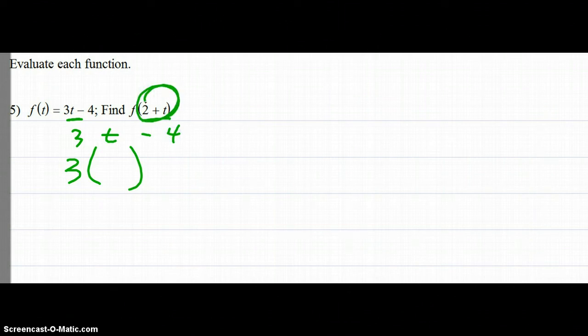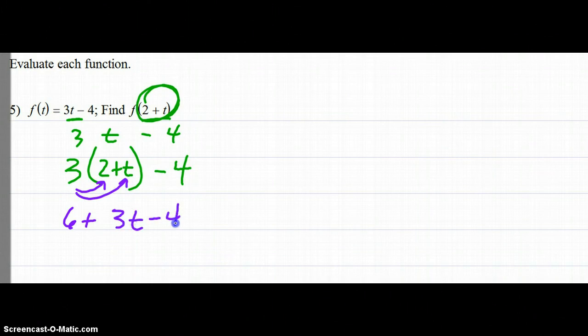Well, wherever we see a t, we stick in whatever's inside of parentheses. And then we would just do that. If it's a number, we can punch it on our calculator. If it's a variable, then we'll have to do the math here. Minus 4, combine these two terms, and we would have an answer with a variable in it.